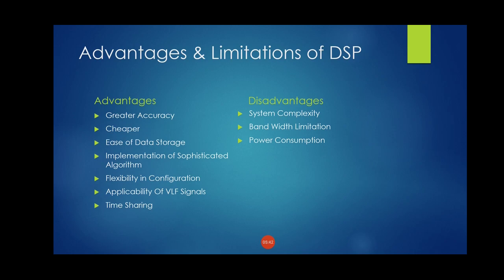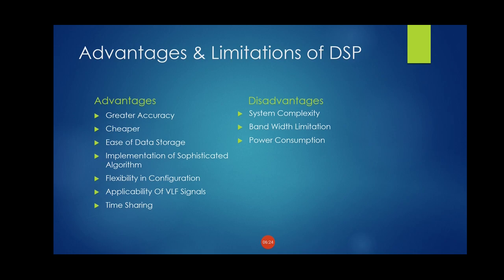For an analog processing system where inductors and capacitors are needed, or where a transformer is needed, it will be a bulky proposition. It would be physically very large, so that it cannot be put into an integrated chip. Making an analog processor into a chip is difficult compared to a digital signal processor, which can be integrated into an IC.